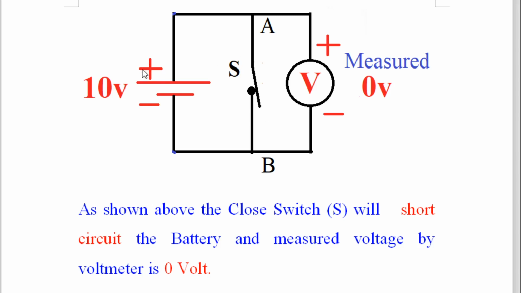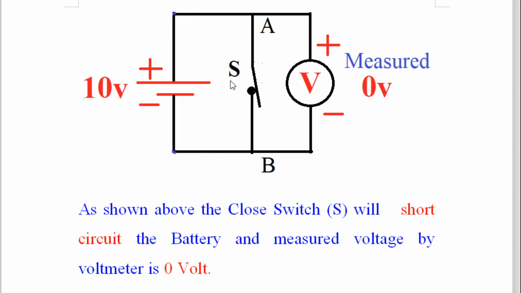Short circuiting the battery means the positive terminal of the battery gets connected to the negative of the battery, and the measured voltage is 0 volt because the voltage between two terminals which are short circuited is always 0 volt.